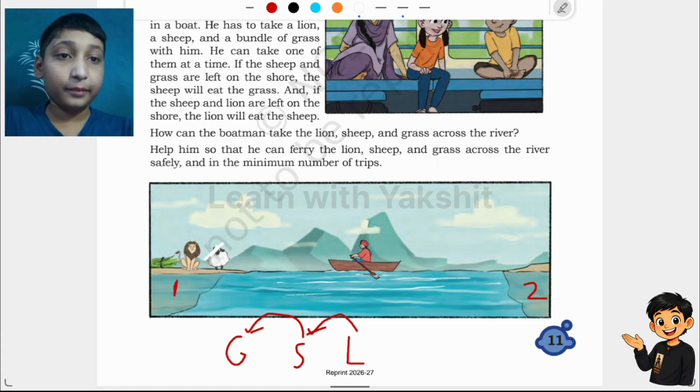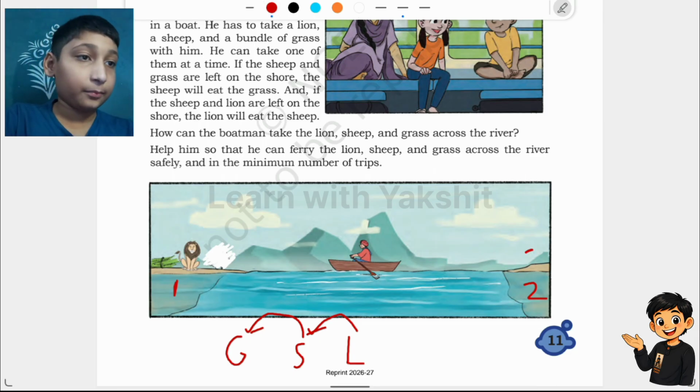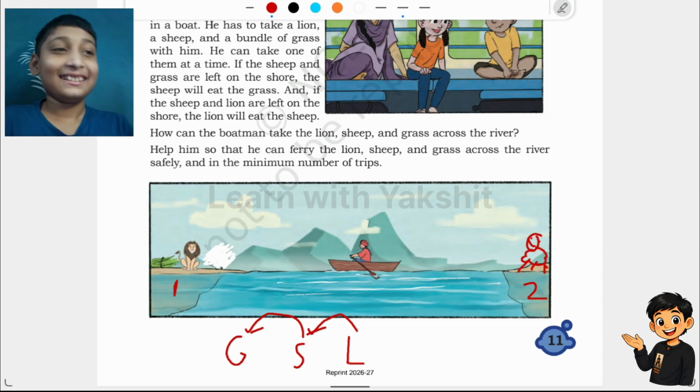Now I'm going to move this sheep from here and make a sheep there. Very fun sheep. Now in this, the lion can't eat the grass because it is a carnivore.